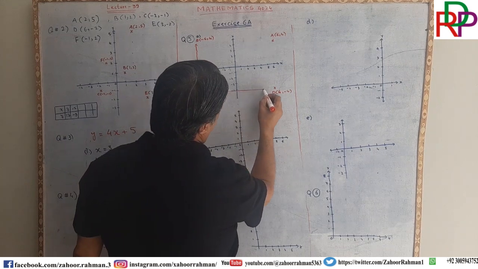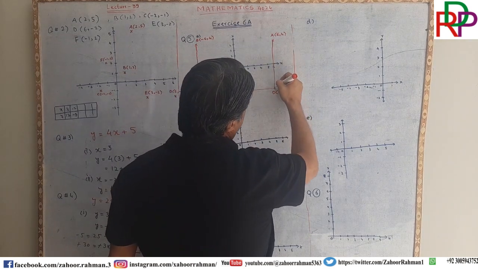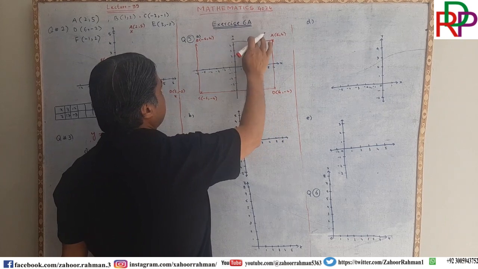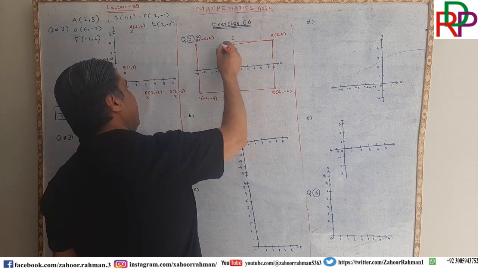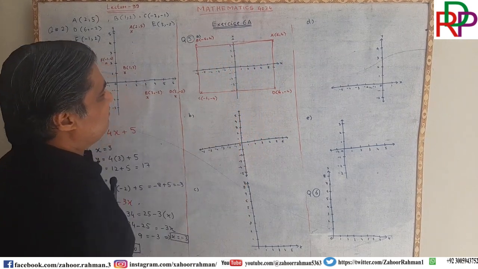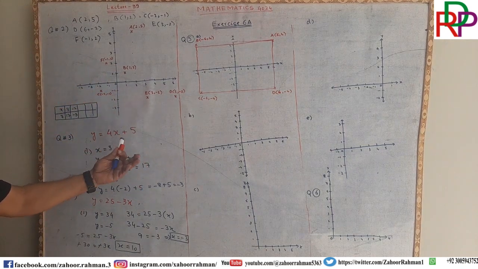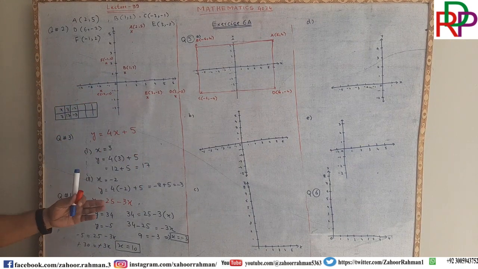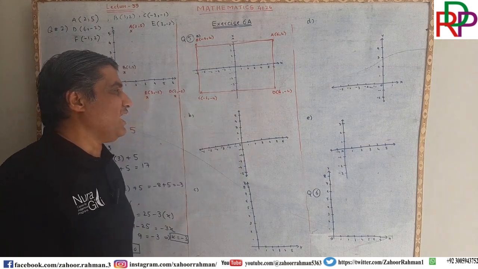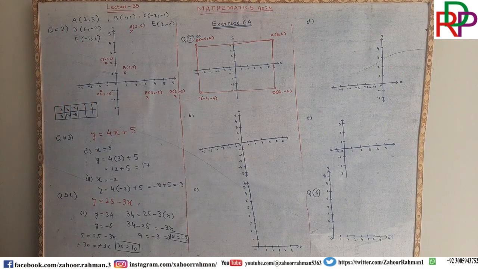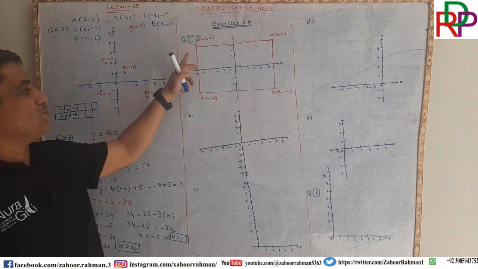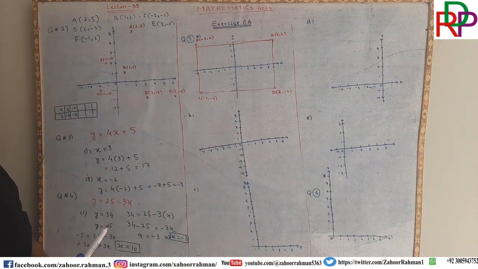Because I drew it roughly on a graph paper, if you are drawing it to scale, my job is to teach you. You have the graph paper and just mark those points, and with the scale you can draw it. So it is a rectangle.